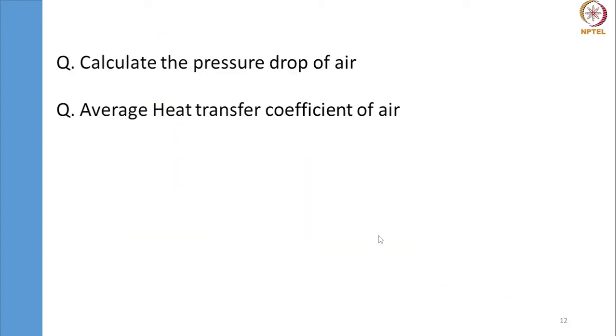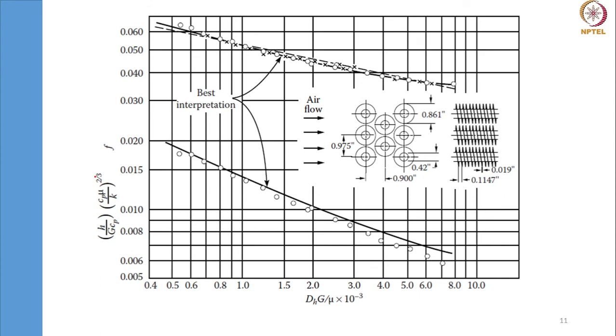So I have this chart which describes f with respect to Reynolds number. Once I find the Reynolds number, I am good to find f. Reynolds number is nothing but G into hydraulic diameter by mu, the dynamic viscosity.